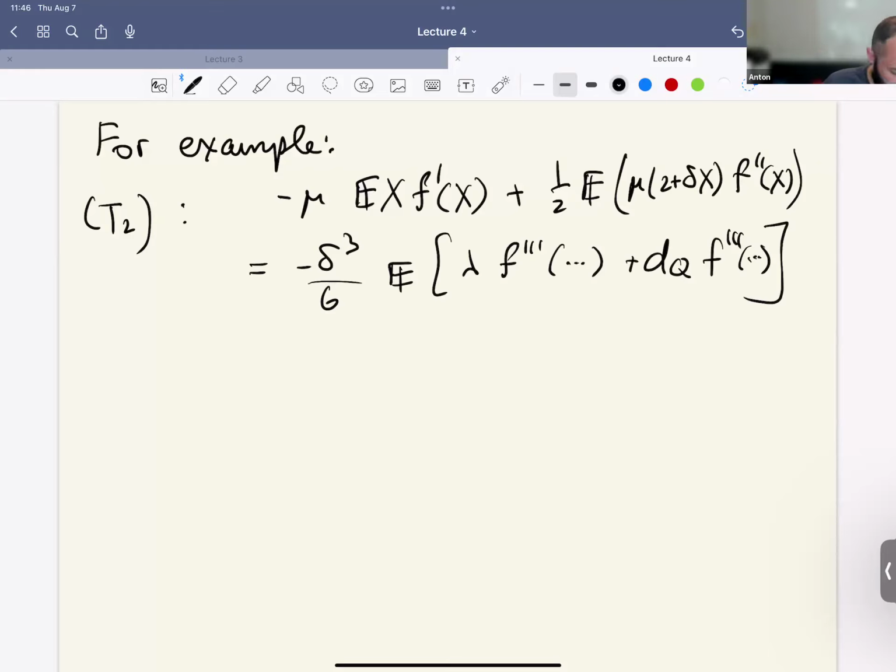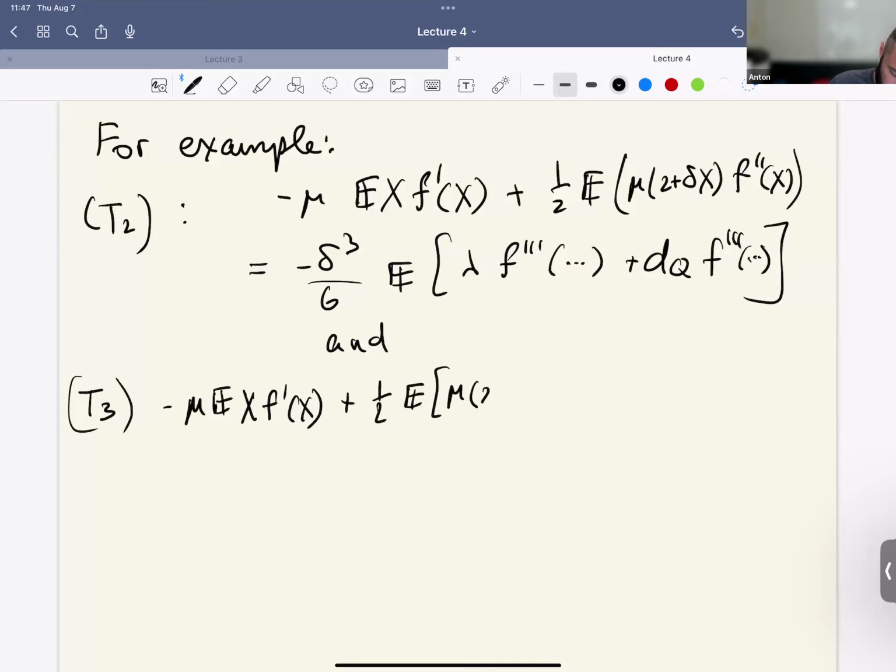Okay, that's T2, and it will be important, T3, same thing. I know it's a lot of writing, but we're just setting everything up. Plus 1/6 delta cubed or delta squared.